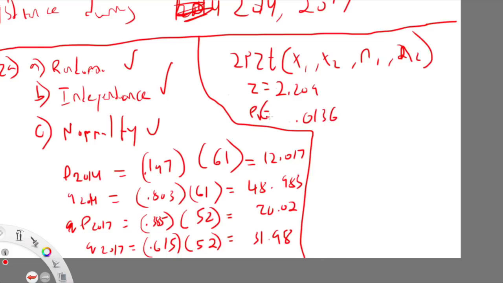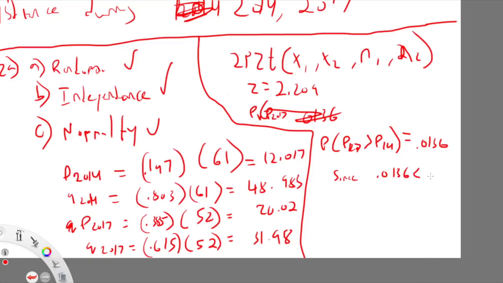We could actually say P that the proportion of 2017 is greater than P14, again, good to be explicit if you can be, is going to be 0.0136. And then we'll say since 0.0136 is less than alpha, then reject the null.